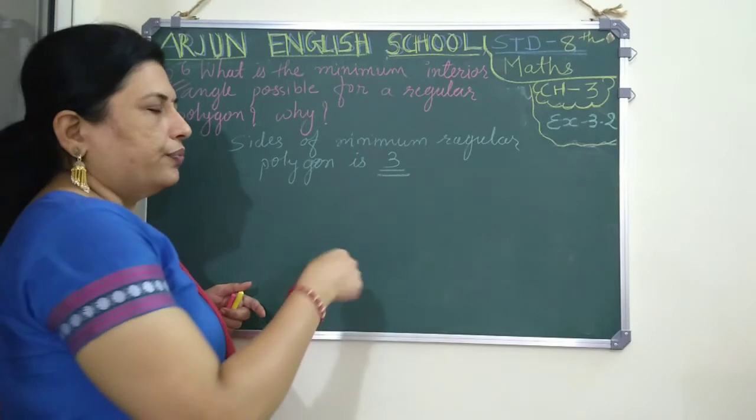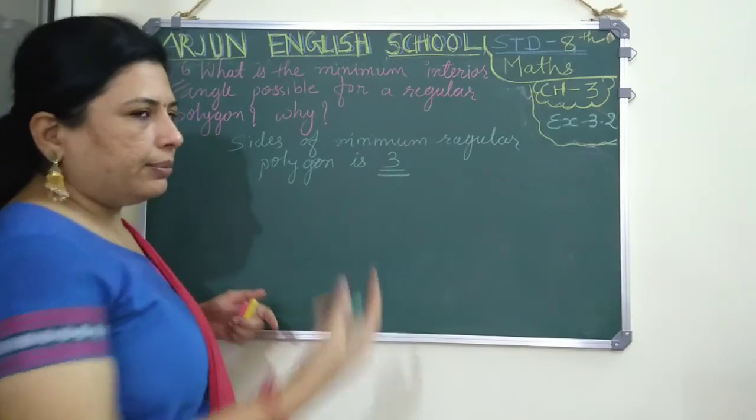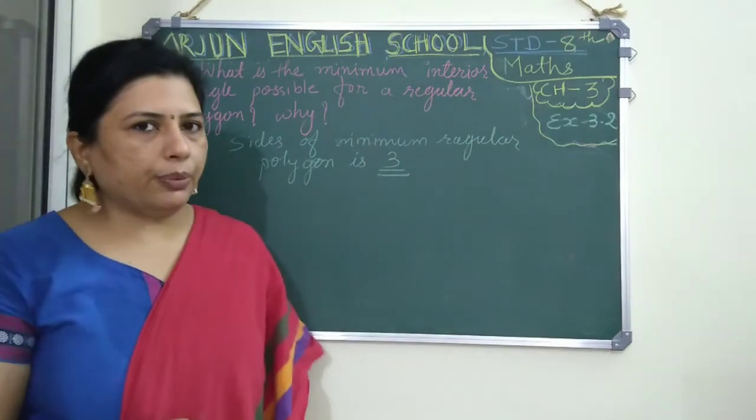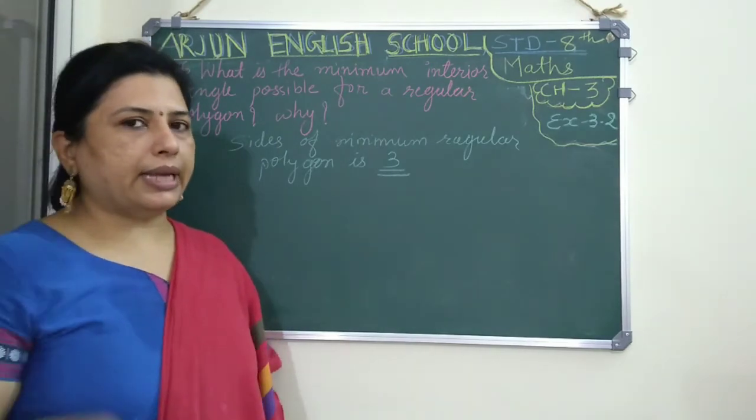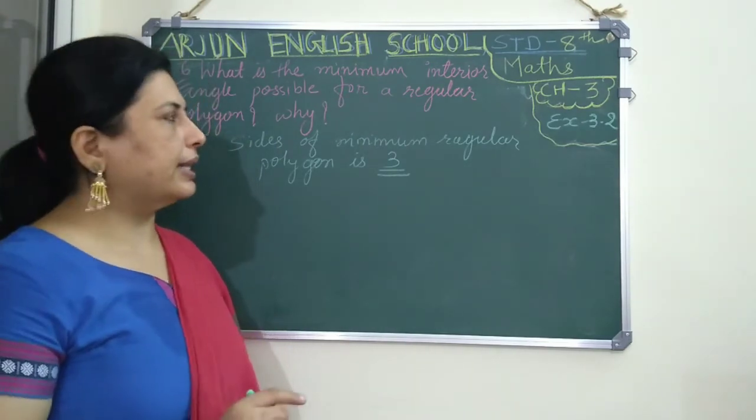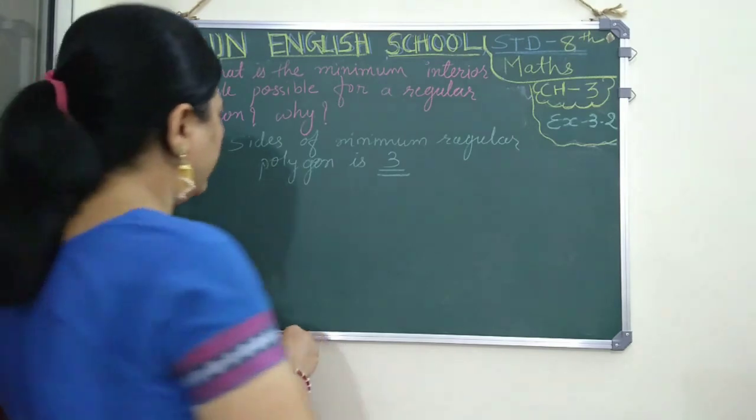And for a regular polygon, sides are equal. So we can say that it is an equilateral triangle.